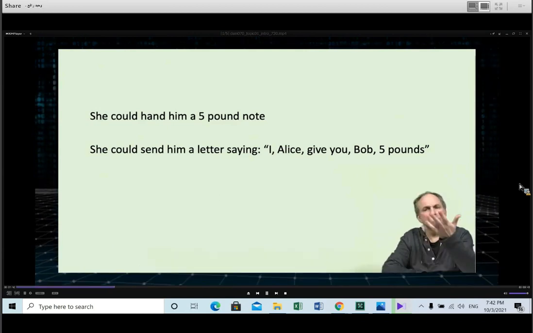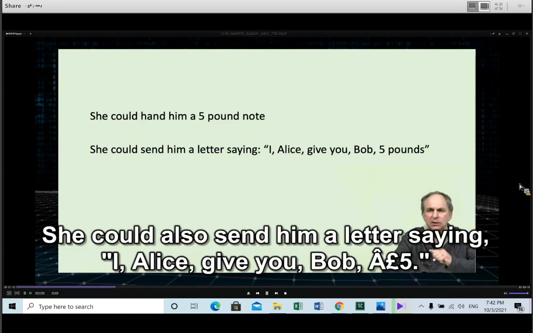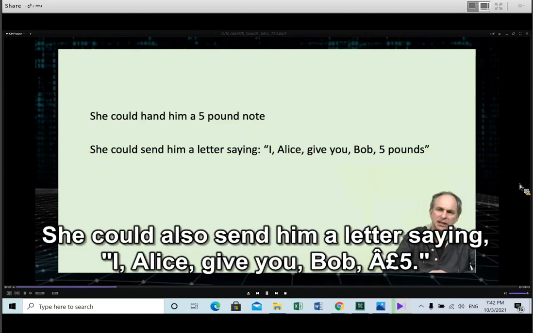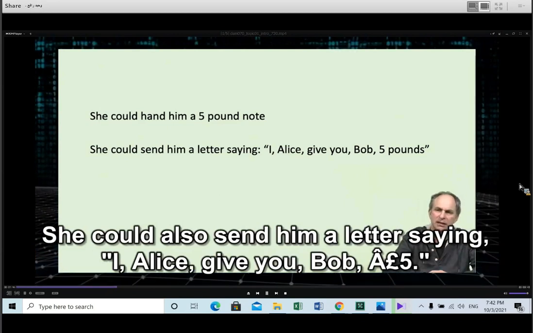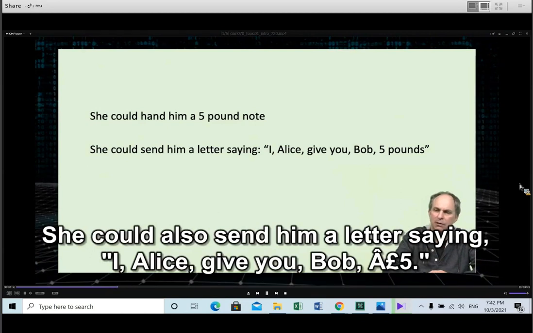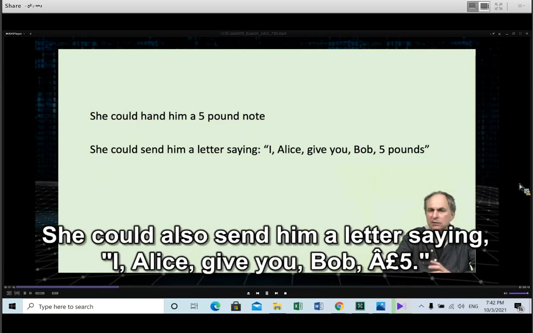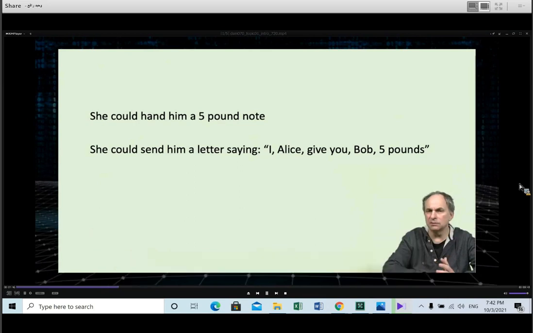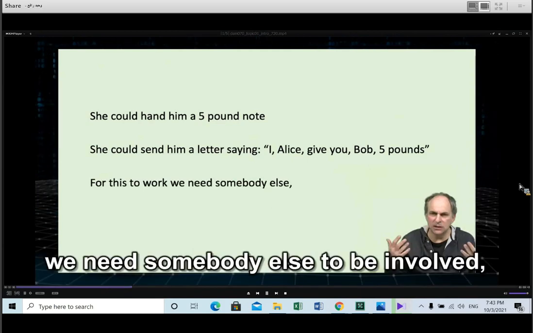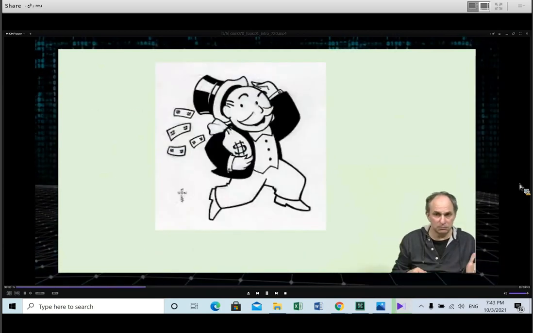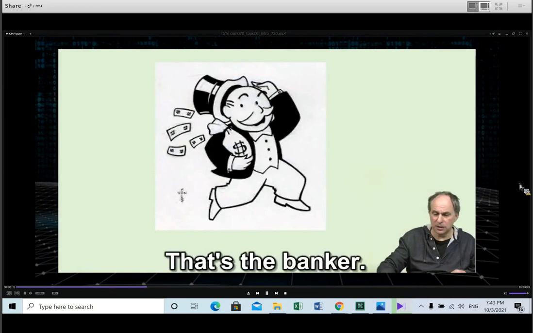That's safer, but it's no quicker, and worse than that, it actually doesn't do anything. For that to actually have any effect, we need somebody else to be involved, at least one other institution. A banker.